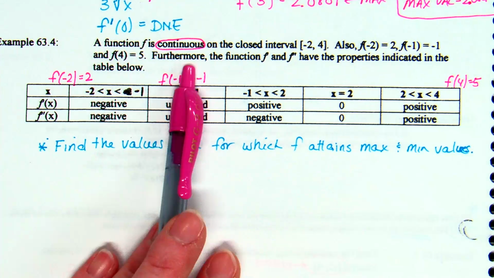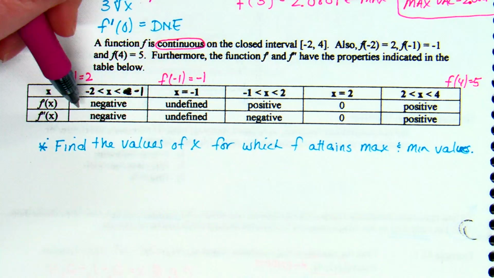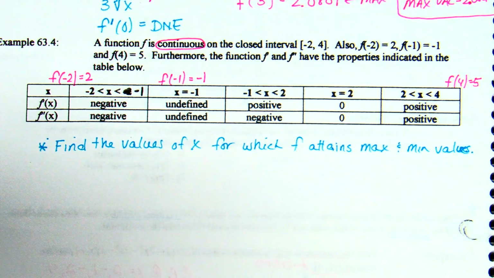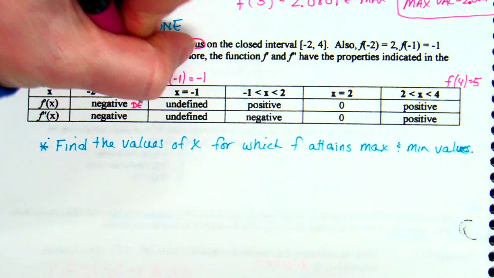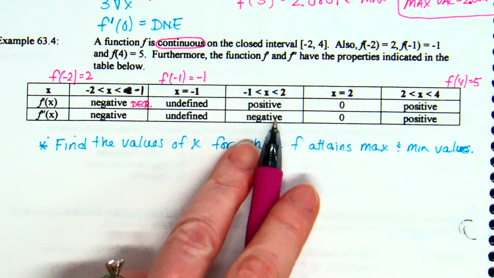Okay, now what does a first derivative tell you about a graph? If a first derivative is negative, what is the graph doing? It is decreasing. So we know from -2 to -1 that our graph is decreasing. We won't worry about the undefined right now.